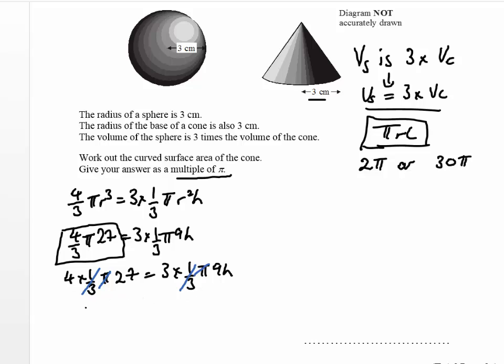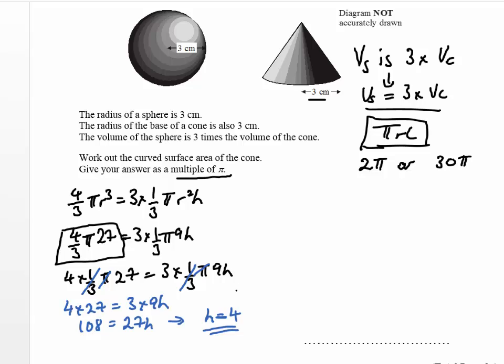We know, therefore, we've got 4 times 27 is equal to 3 times 9h. That's going to give me 108 is equal to 9, 18, 27 h. If I divide both sides by 27, h is equal to 4.